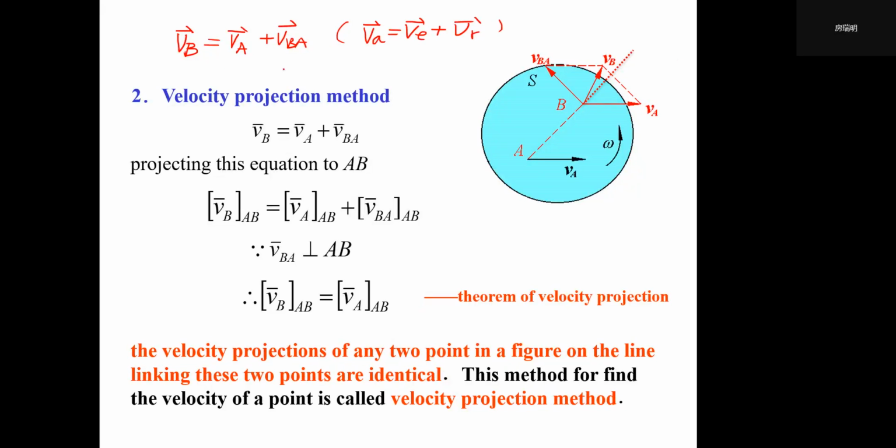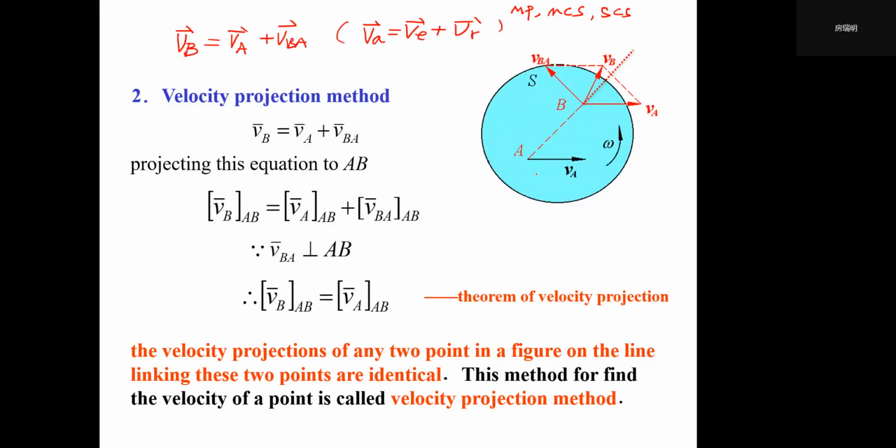But this time we are using the same idea, because in that equation we were talking about a moving point, a moving coordinate system and a stationary coordinate system. And here we use this expression for 2 points on the same plane figure, to relate their velocities, right?